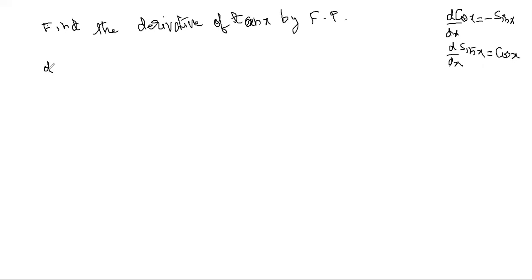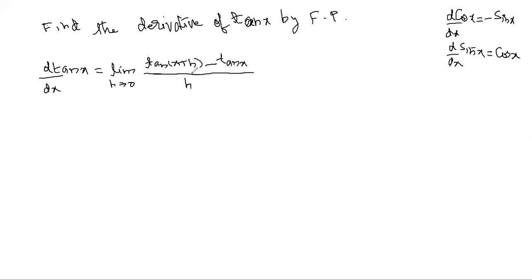So again the same thing: d by dx of tan x will be equal to limit h tending to 0 of tan of x plus h minus tan x, divided by h. Now there is no formula for tan c minus tan d.